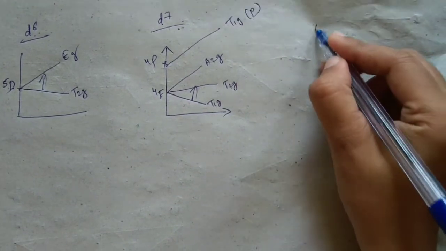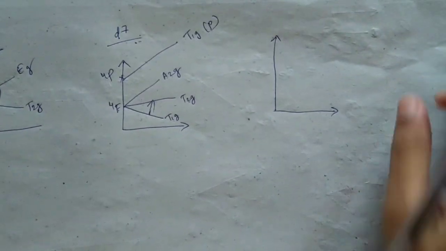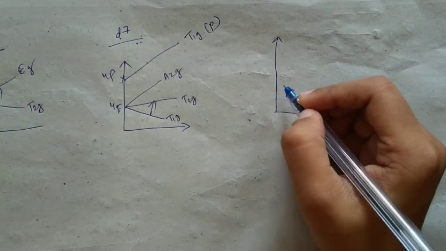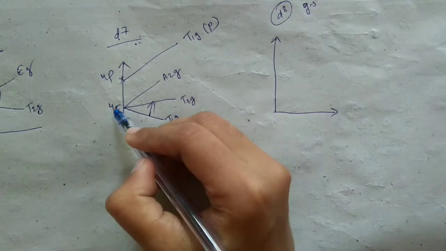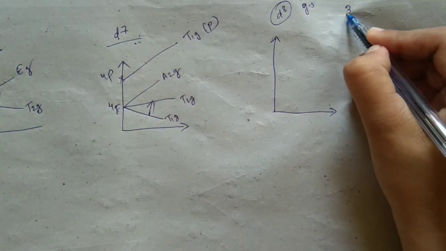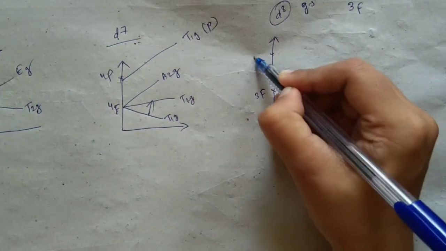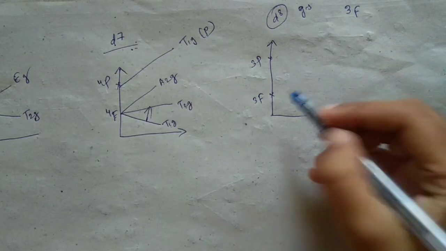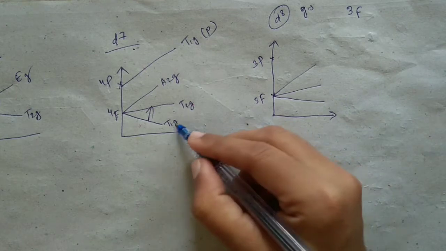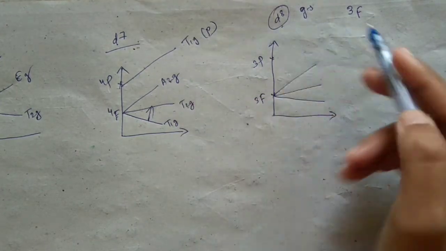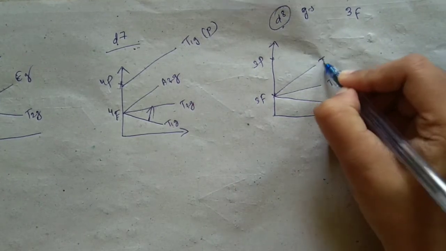Now D8. In D8 there is hole formalism, so the diagram will be reversed. The ground state term symbol for D8 is 3F, and then comes 3P. The 3 levels are T1g, T2g, A2g, but here hole formalism takes place, so we will reverse: A2g, T2g, T1g.